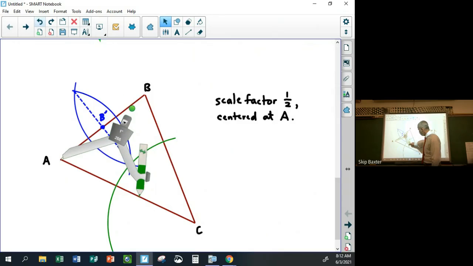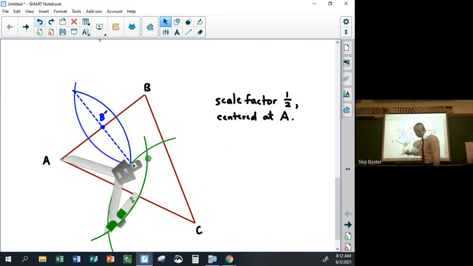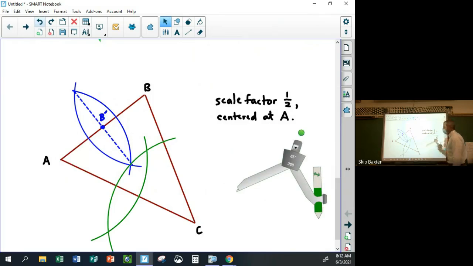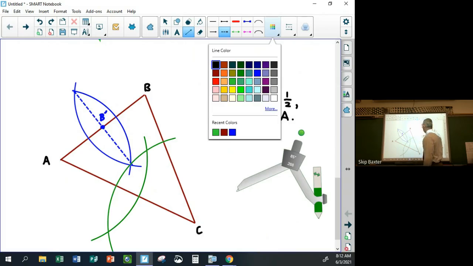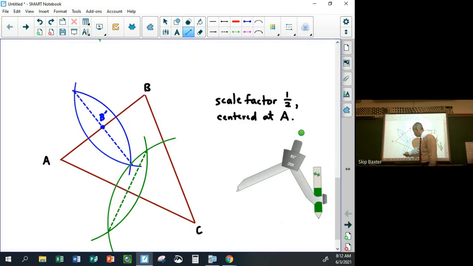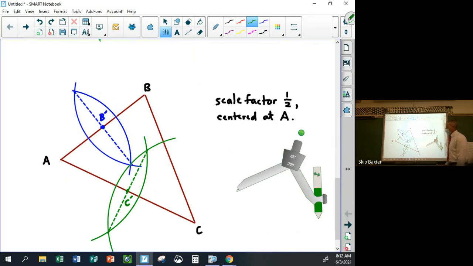Make the same size arc. And connect those points. So that point right there where it crosses, that has to be C prime. So now all I have to do is connect A, and this is definitely A prime, right? So just connect A prime, B prime, and C prime, and I'm done.